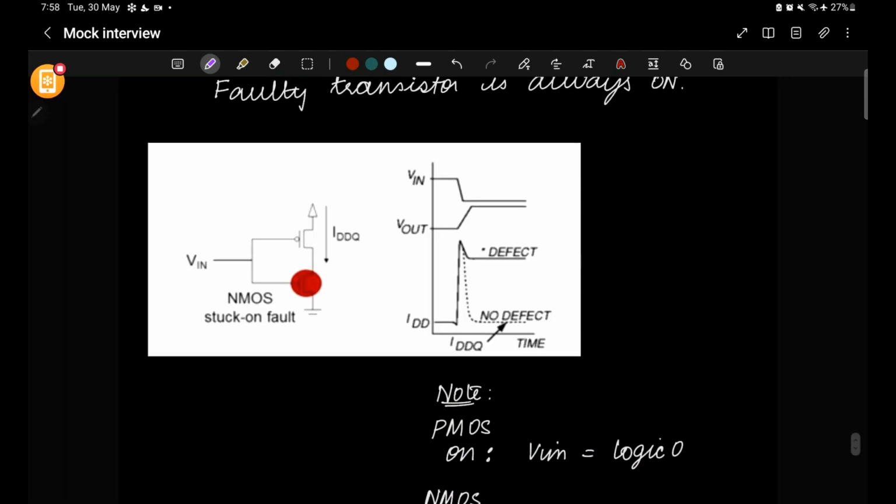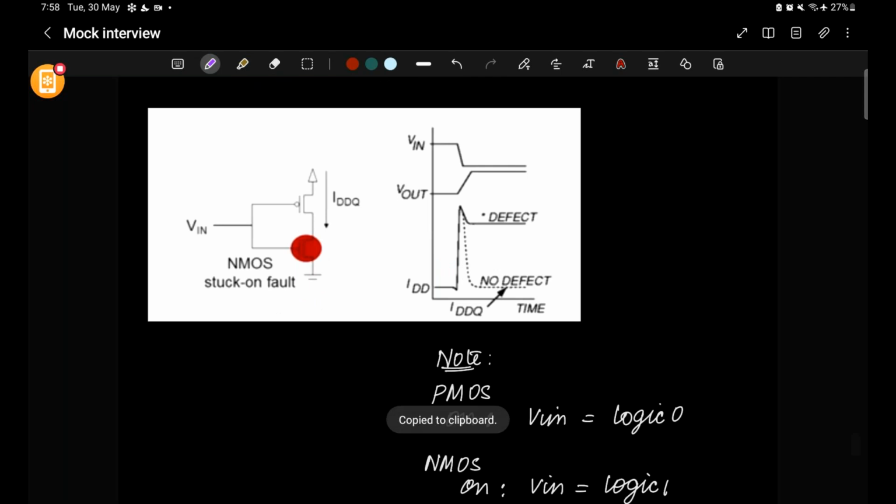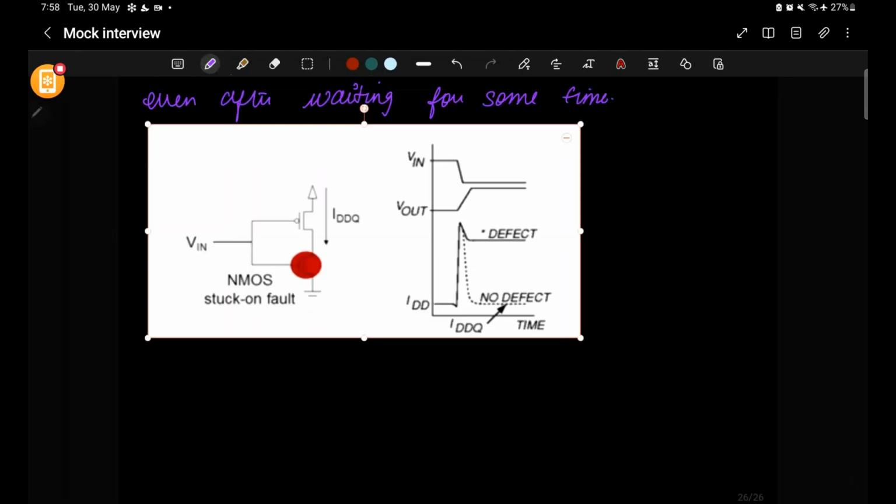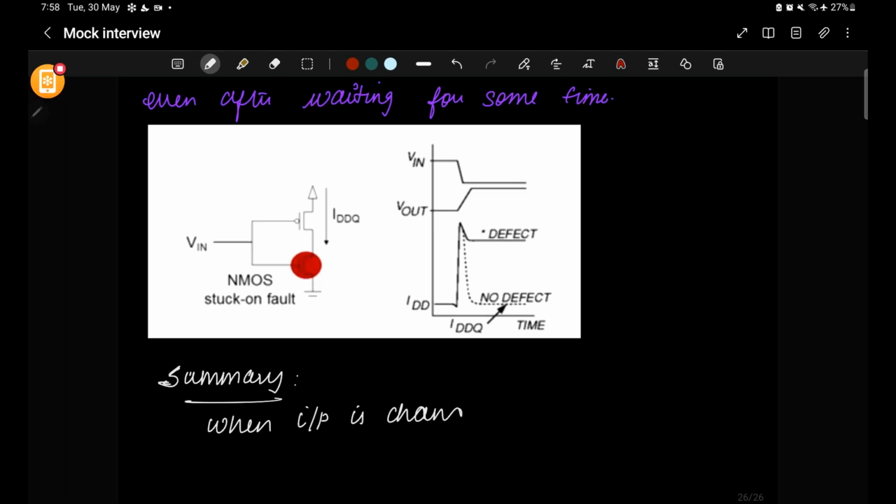If you see, the summary is, I'll just copy paste this graph once again. So what is the summary here? When the input is changed from logic 1, that is 5 volt, to logic 0, that is 0 volt, what is happening?